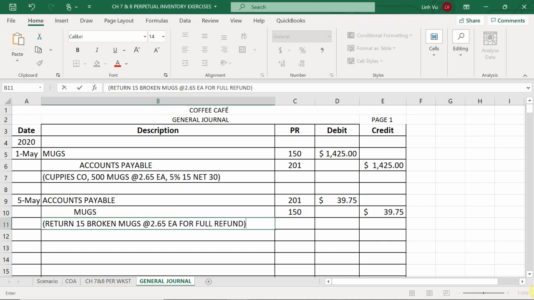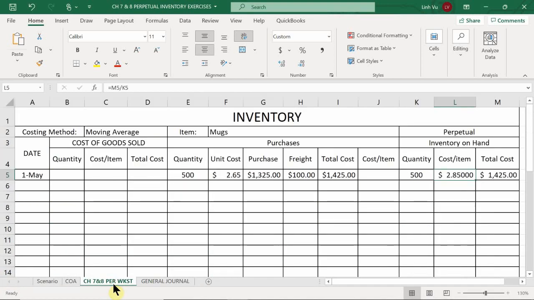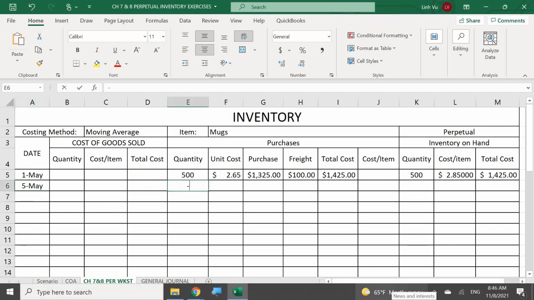Okay. So then let's go ahead and plug those numbers back into my inventory worksheet. Now, in this case, because we've never seen a return or an allowance before, you're going to enter it in the same exact place as in the purchases area, because we made a return. Yes, you could skip forward and dump it right into inventory on hand, but at least this way we know what we're doing.